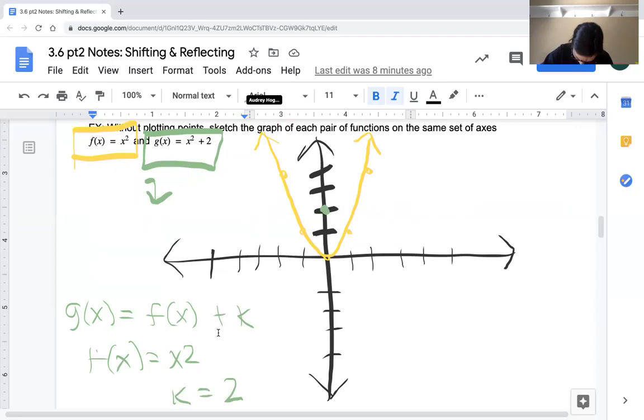So I didn't really draw a good axis, or I didn't really draw this well for myself. I should have drawn some better points there. But again, it's going to be this exact graph. It's going to be the exact same as the yellow one, but drawn 2 units upward. I should actually fix that a little bit because that's a pretty bad graph.